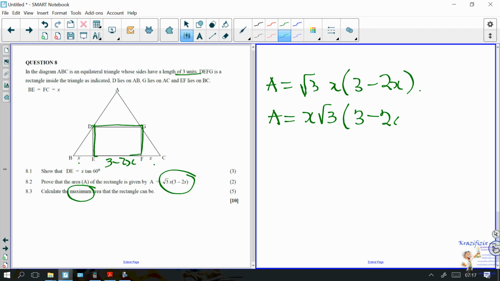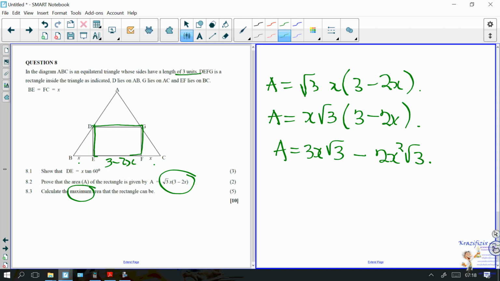We multiply through. This will give me 3x root 3 minus 2x squared root 3. That's my A.